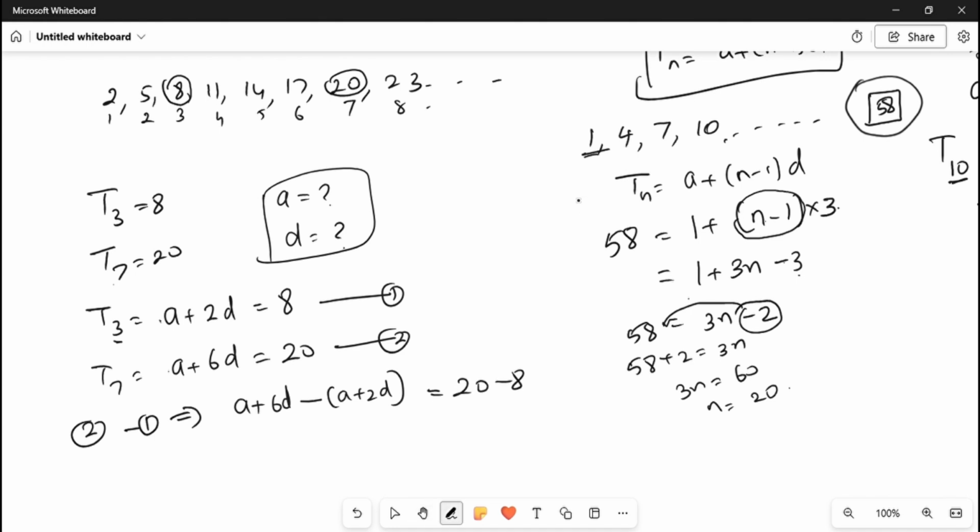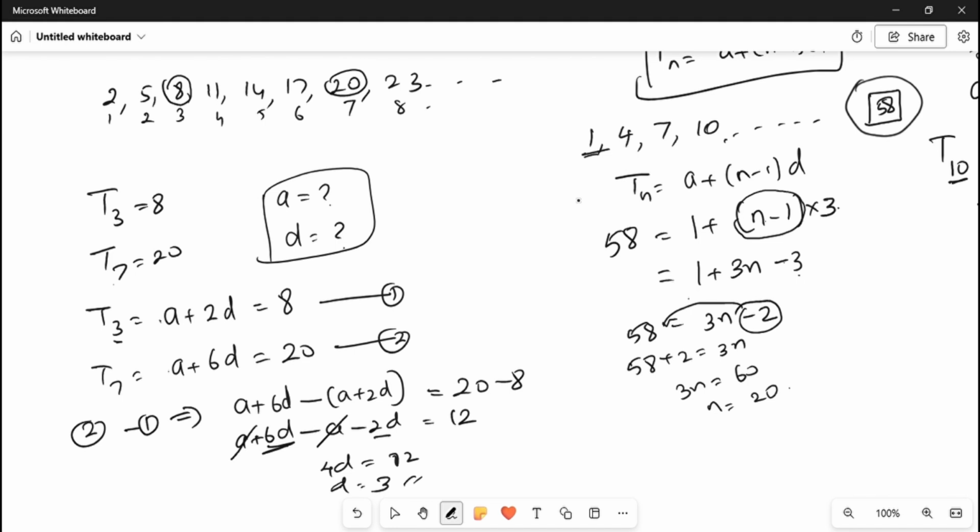Let's open the bracket now: A plus 6D minus A minus 2D equals 12. A minus A cancelled. 6D minus 2D is 4D. 4D is 12, so D is 3.